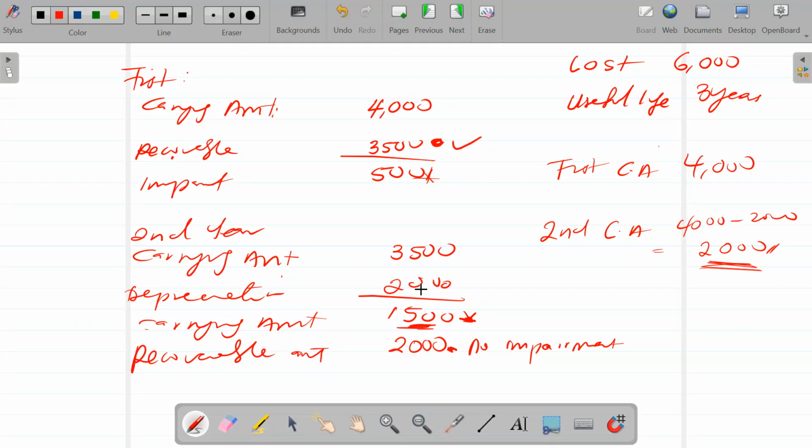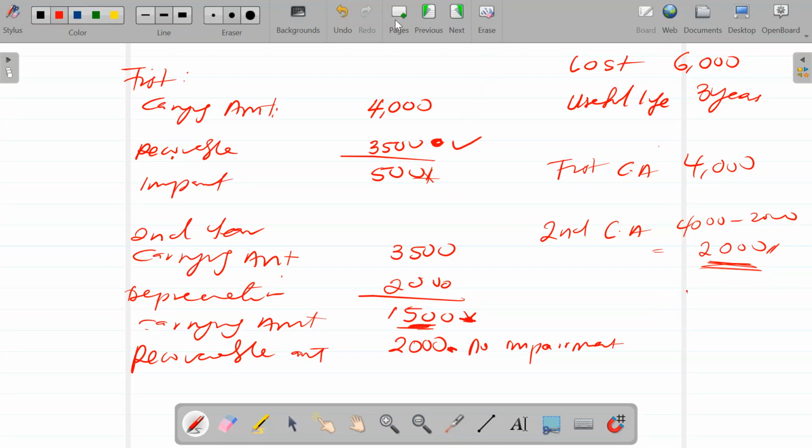So the standard says if there's a reversal of impairment, we should bring it to a point the asset would have been if there was no impairment in the first place. So it means that this 1,500 will be changed to what? 2,000. Do you get it? So we will increase the carrying amount by 500.